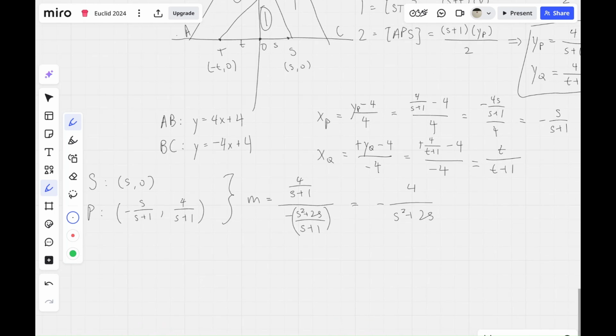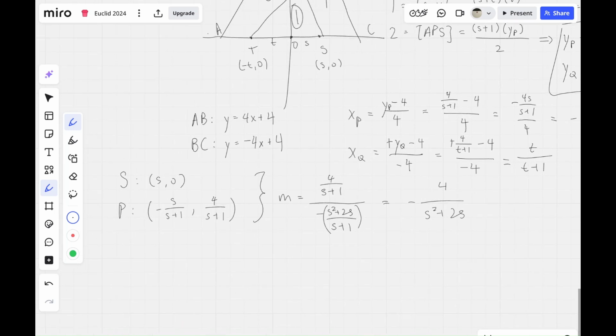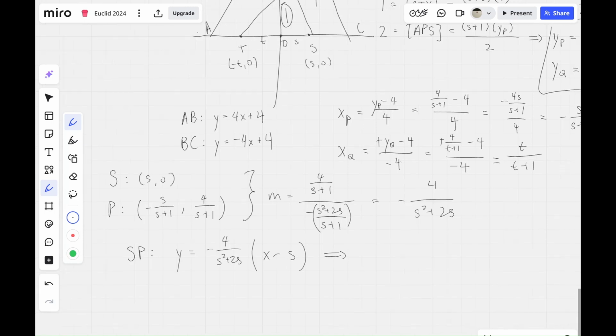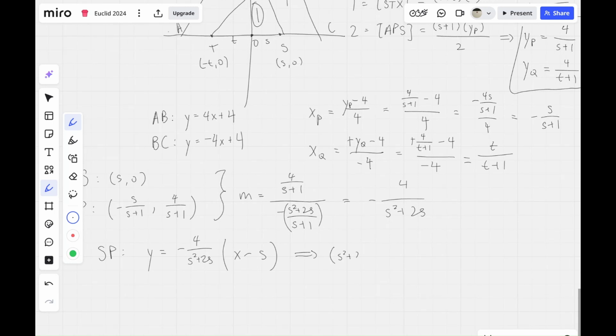Since this line passes through (s, 0), we have the equation of line SP, which is going to be y equals negative 4 over s squared plus 2s times (x minus s). We can move the denominator to the other side to get that (s squared plus 2s)y is equal to negative 4x plus 4s.